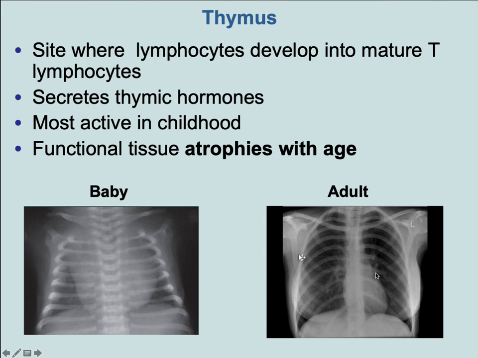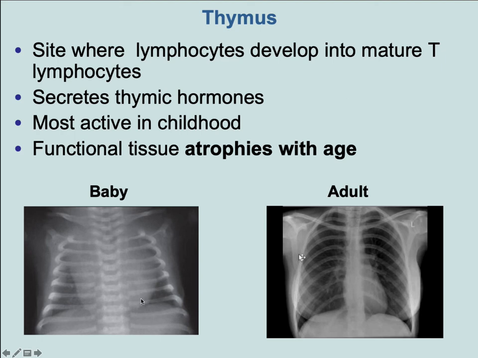Now the thymus is where those T cells mature. This is an organ that's most active in childhood. When you take X-ray imaging of a child, oftentimes people think this is the heart, but this is actually the thymus.